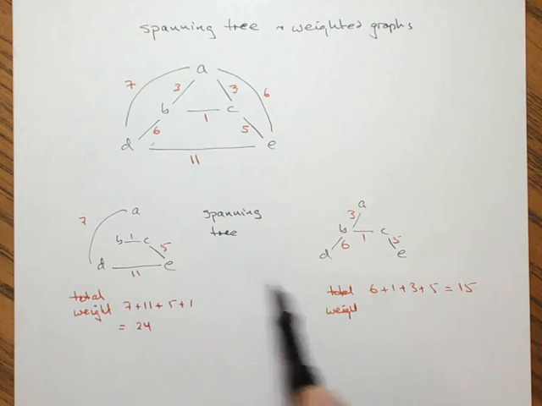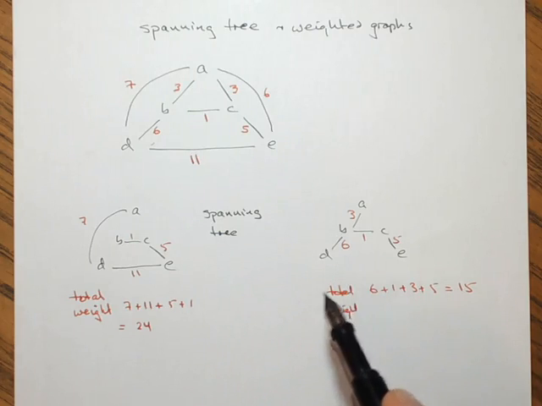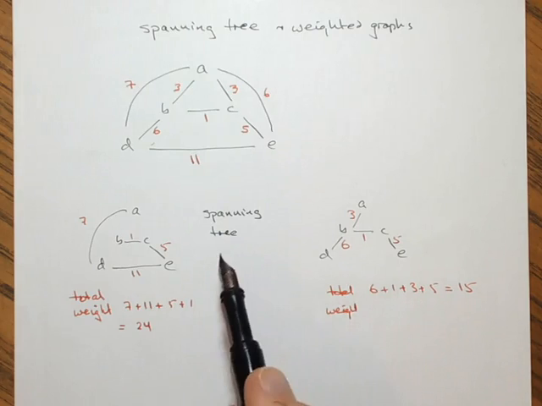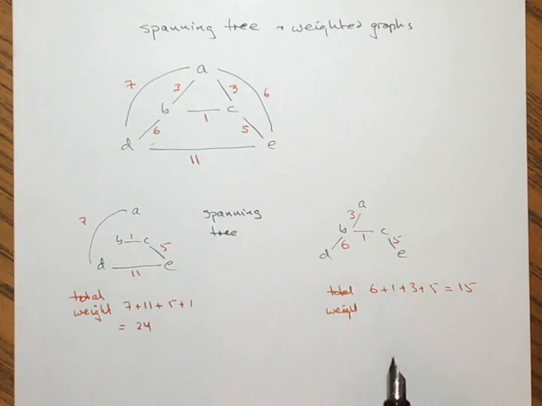Once you start putting weight on it and you think about what's the cheapest way of doing things, we can ask ourselves, well, what is the minimum? And this idea leads on to a minimum spanning tree.